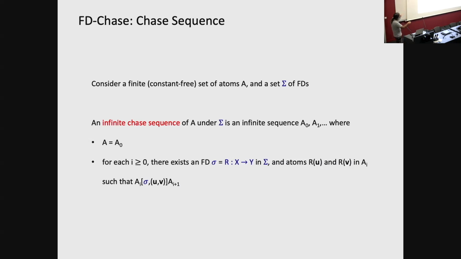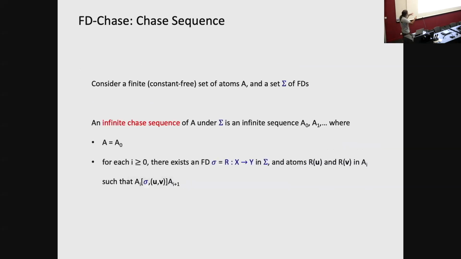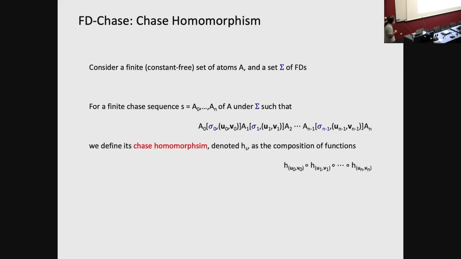It's an infinite sequence of atoms starting from A, and AI plus 1 is obtained from AI via a valid chase step, but we are missing the last bullet here, because there is no last set of atoms which satisfies sigma. Here we are simply saying that at each step there is something else to apply, and you may go on forever. So this is the way to define the notion of sequence.